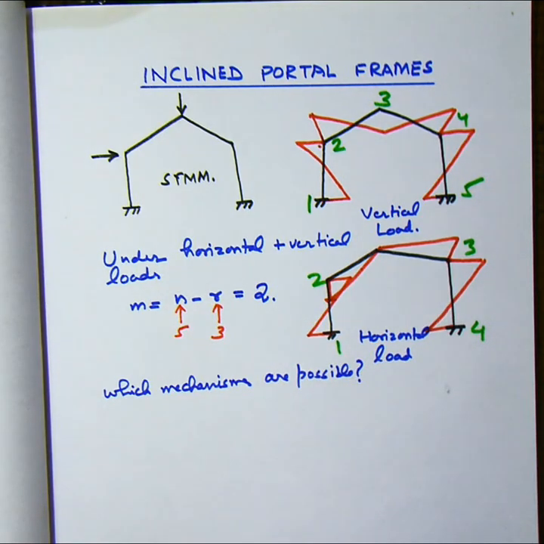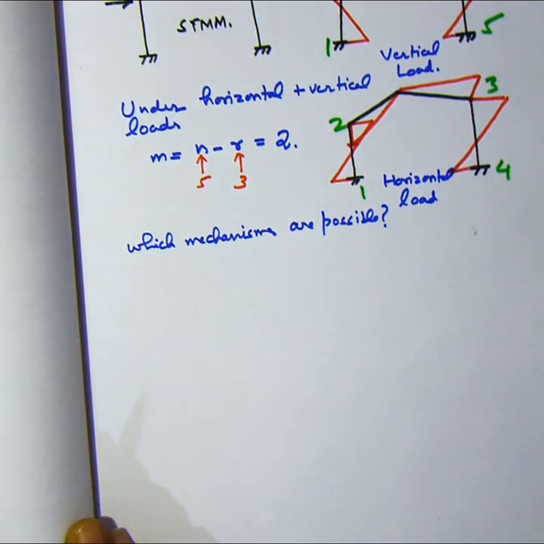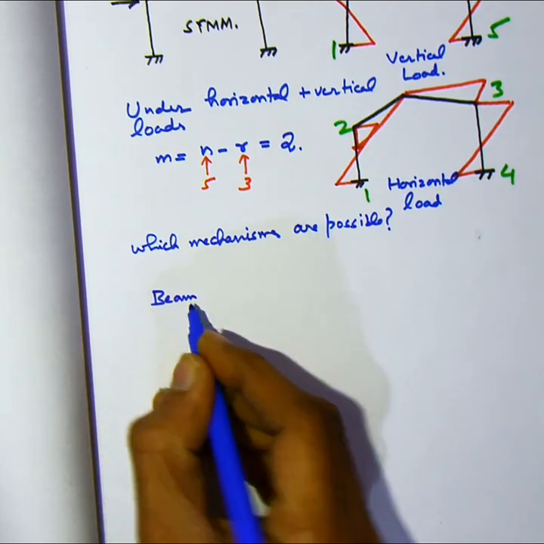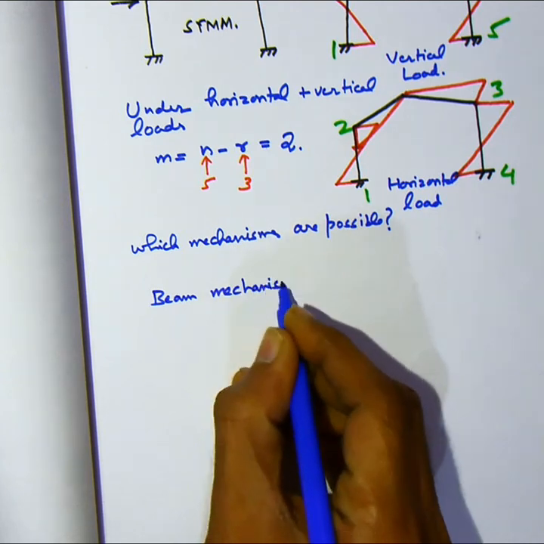So that means this predicts that there are 2 possible mechanisms, right? But now this has similarity with the regular frames. So what are the possible mechanisms? So you can make a guess.